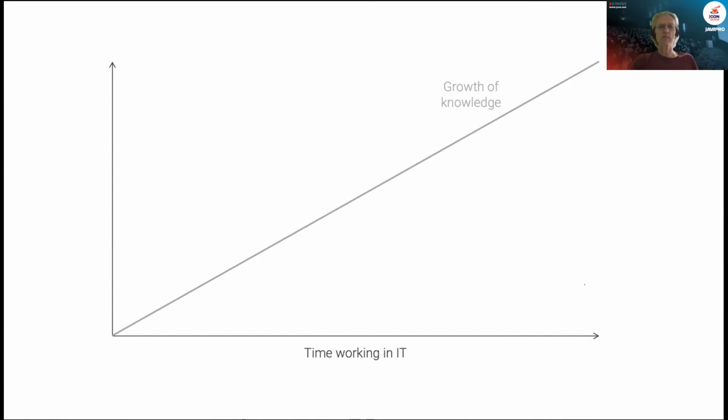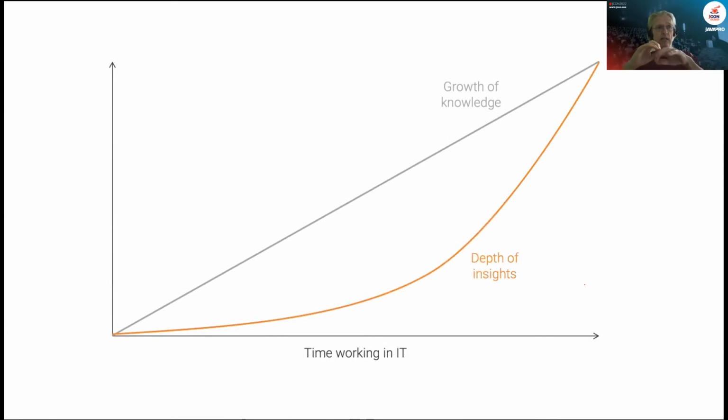And then over time you build insights, so you learn how to separate the wheat from the chaff. You say, okay, that's timeless wisdom, I can use that now, and I'd better forget about that over there. That's insights. That's a different thing, and you need a lot of time to build insights. It builds a lot slower than knowledge.